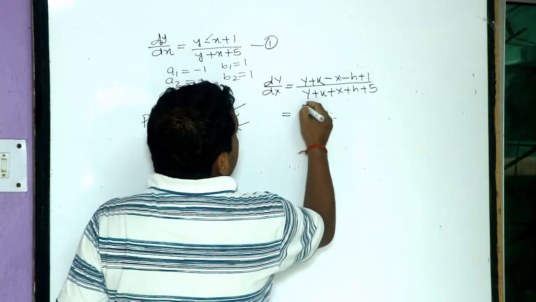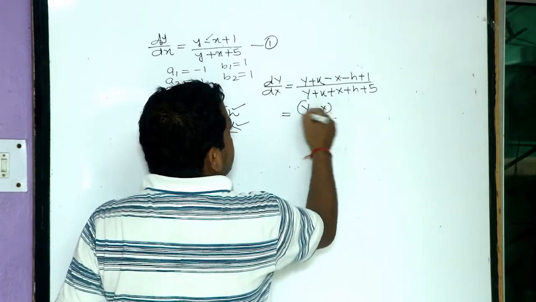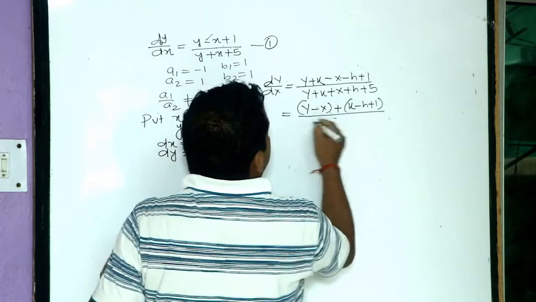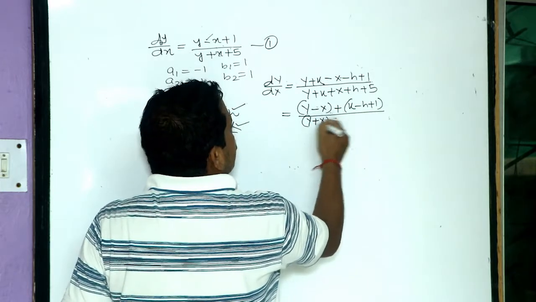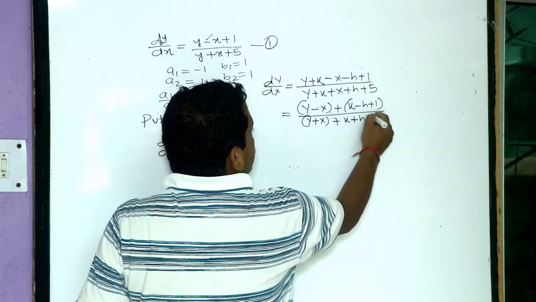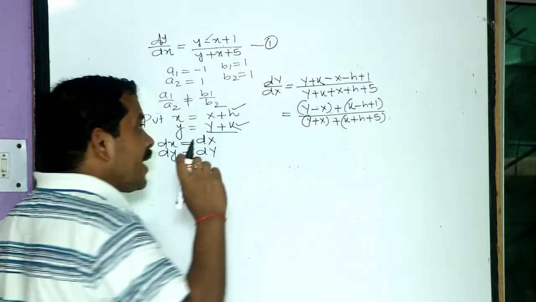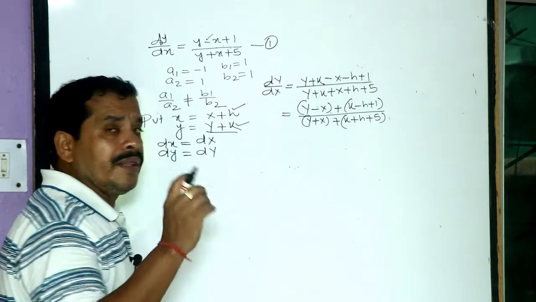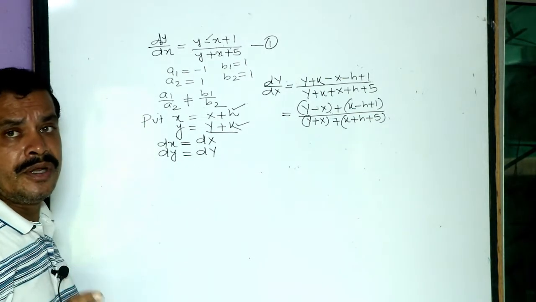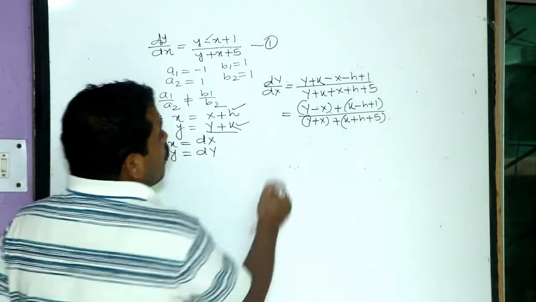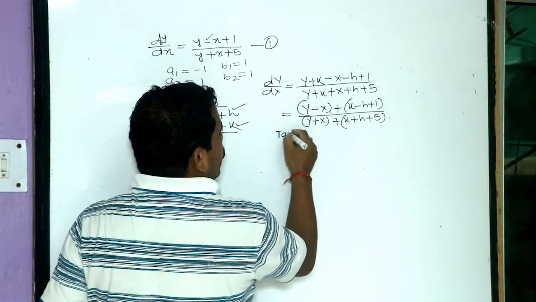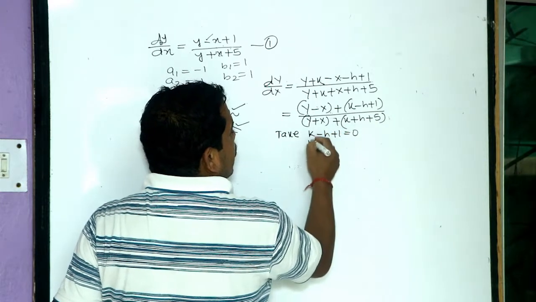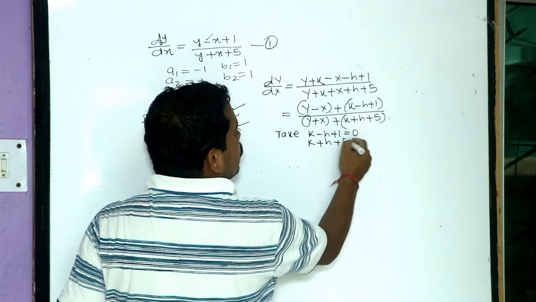Then the numerator becomes Y minus X plus k minus h plus 1 divided by Y plus X plus k plus h plus 5. Our aim is to convert this non-homogeneous equation to homogeneous. When the differential equation becomes homogeneous, there will be no constant term. So you take k minus h plus 1 as 0, and k plus h plus 5 equal to 0.